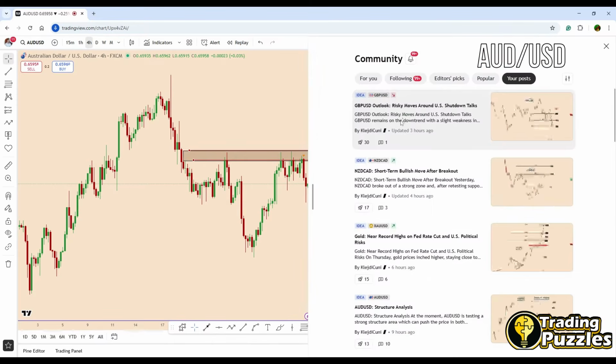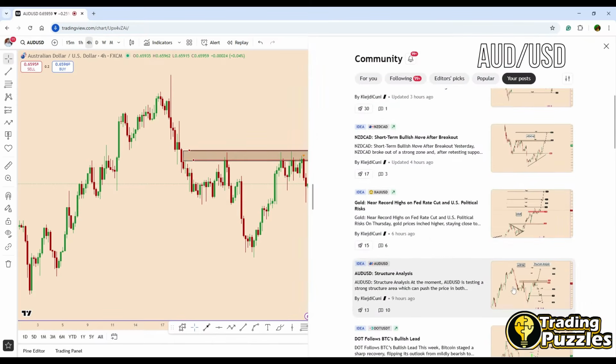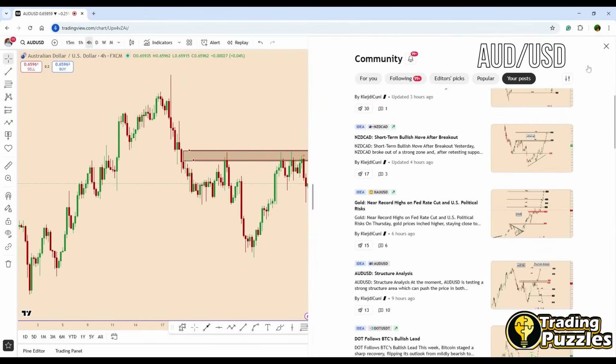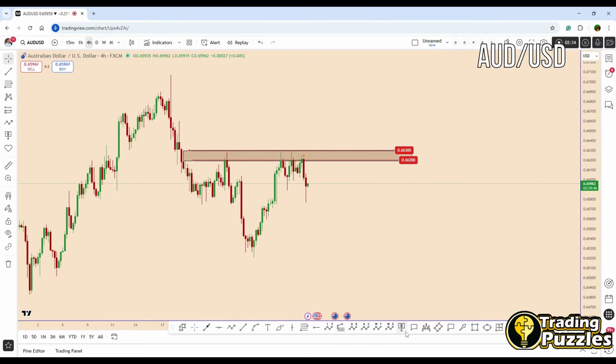This is the analysis that I also posted earlier today. This is how is the final scenario. As you can see, the bullish targets that I'm looking at are in this area.